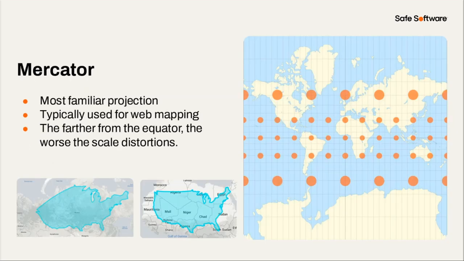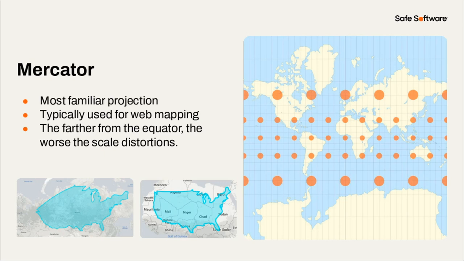So one of the more familiar projections in the GIS world is the Mercator projection. It's a conformal cylindrical map projection, and preserves local directions and shapes with north is up and south is down. As you can see in the image on the right, the further you get to the poles, the further apart the latitude lines are. As you get closer to the equator, you have more accurate projections, and as you get further away, it's less accurate.